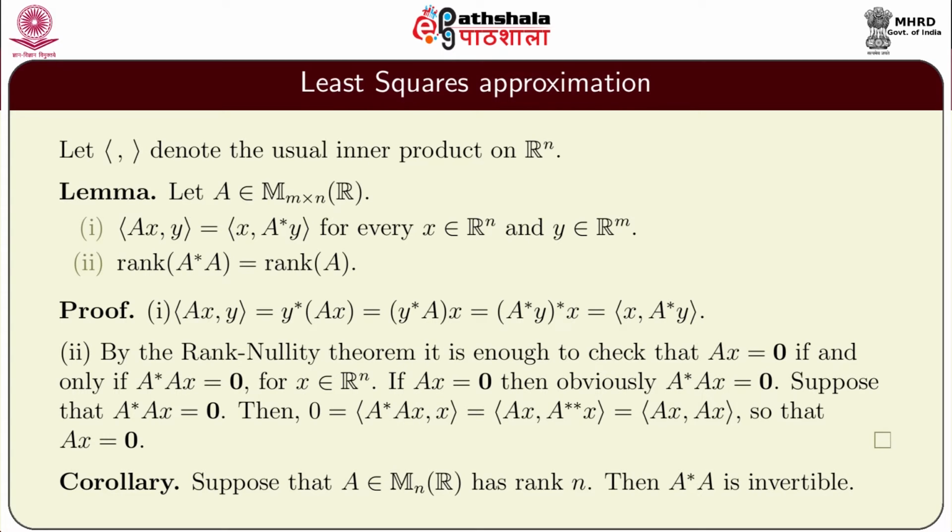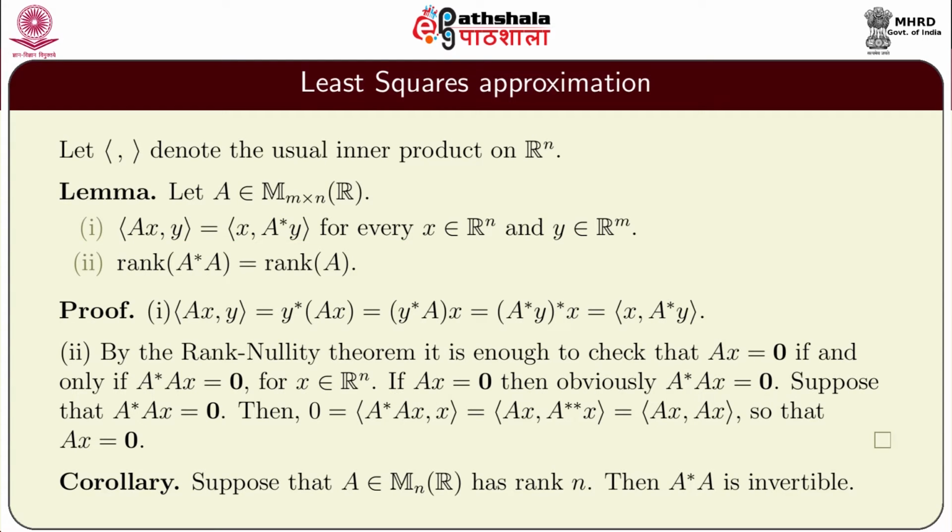Let A be this m cross n matrix, then inner product Ax comma y is the same as inner product x comma A star y for every x and y, where x is in Rn and y is in Rm.